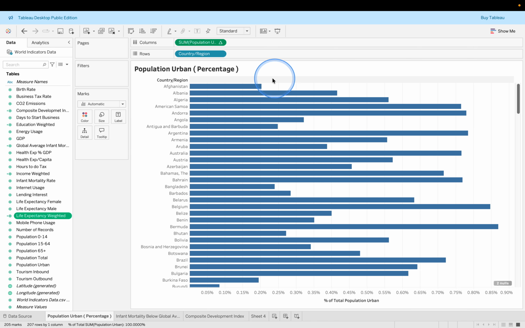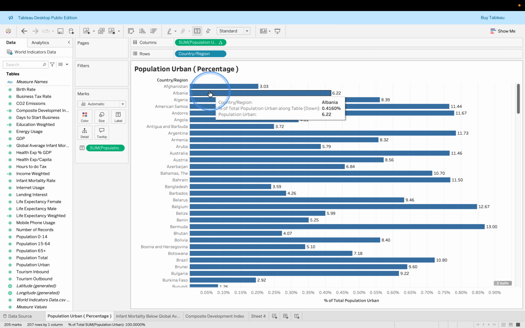So each country has, we can come here and put our population urban, so we can see the label.